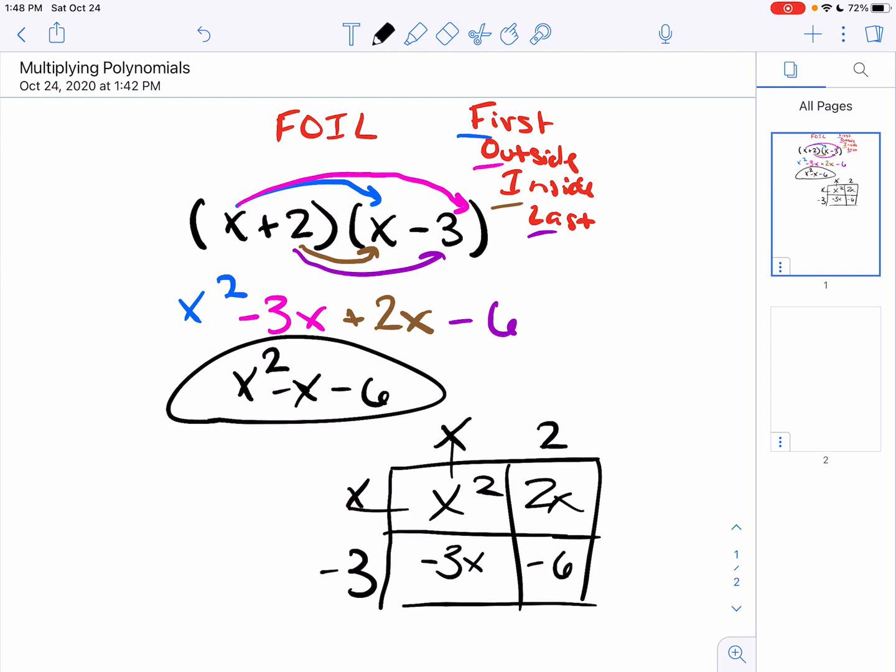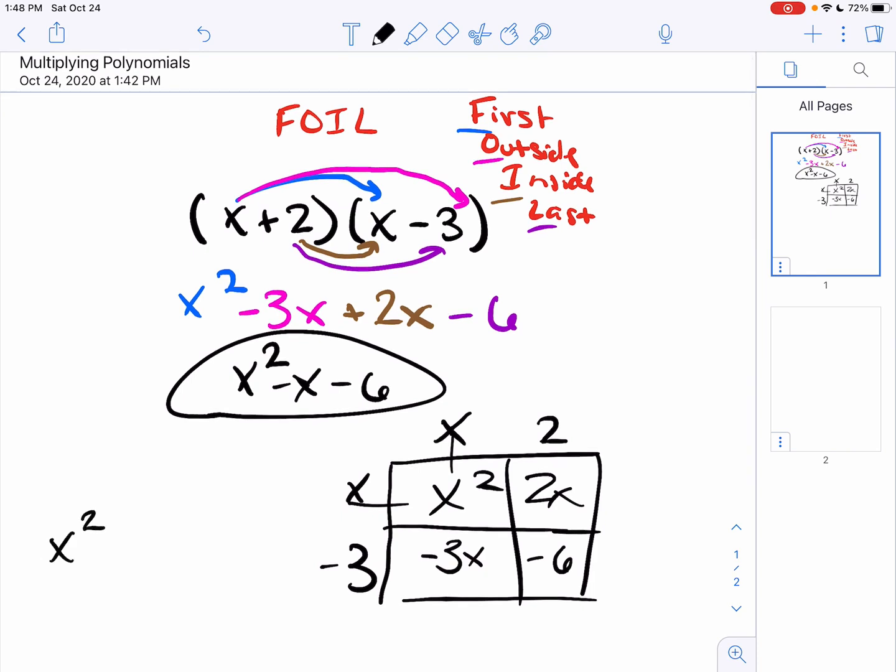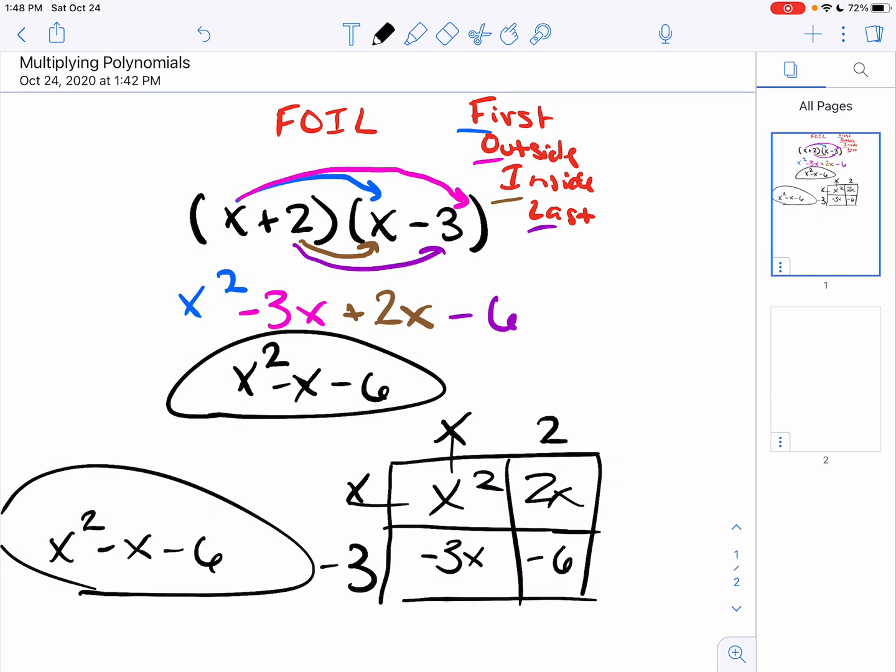Now, to figure out our new polynomial, we just add everything inside the box. So, x squared, I combine negative 3x and 2x because they're like terms, negative x, minus 6. As you can see, they come out exactly the same, so that worked.